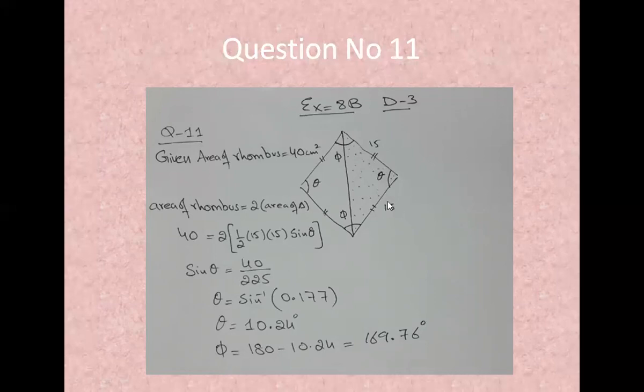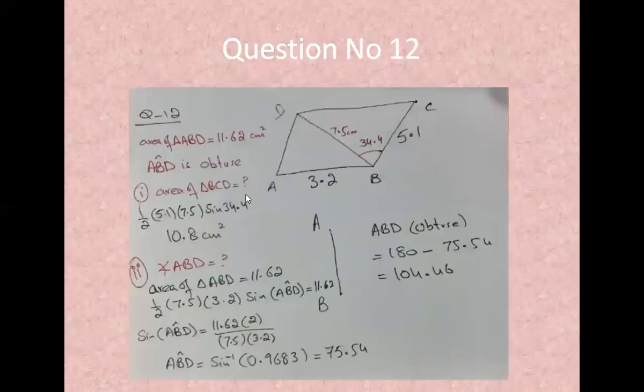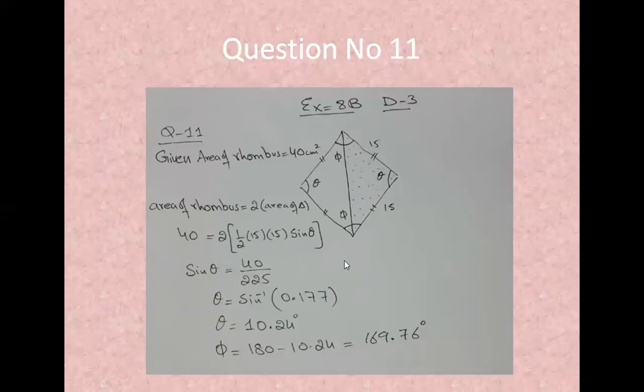So 15, 15. I don't know this angle, but I know the area of this rhombus. If you know the area of this triangle, you double it, then you will have the area of this rhombus. I have supposed that this angle is theta. So the area of the rhombus will be 2 multiplied by the area of this triangle.